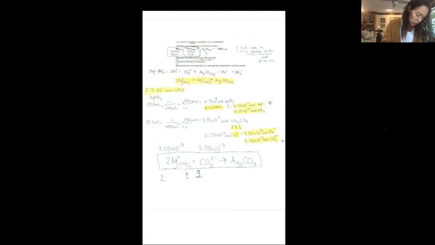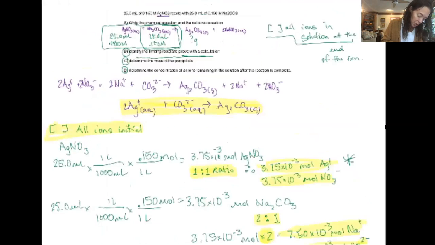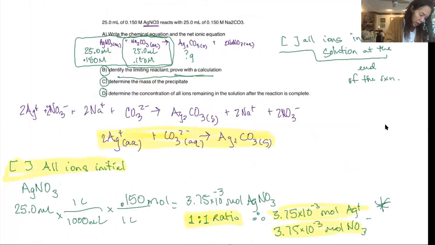So on my exam, when they say identify the limiting reactant and prove, if it doesn't say with a calculation, you don't need one. Justify means you do not need a calculation. So I'm going to assume that up here, I'm not going to assume, I'm the teacher. I'm going to change it. I'm going to say justify. That means you can use a calculation or you can explain.